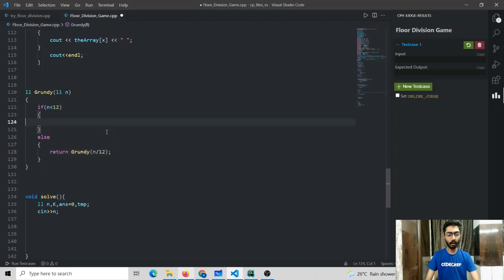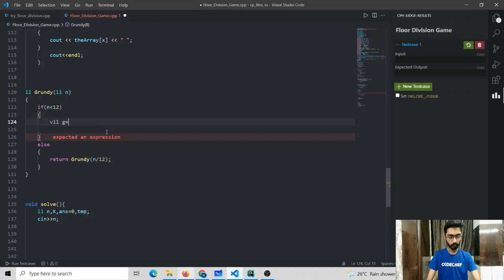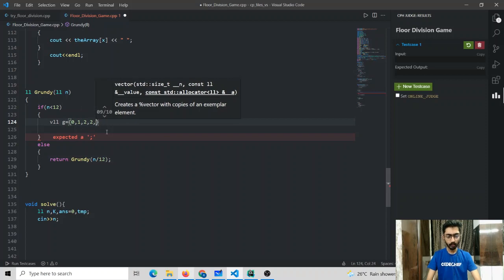Now how can we find the Grundy number for n less than or equal to 12? We can create a vector which has all the Grundy values: 0 for 0, then 1 for 1, then 2 two times, then 3 two times, then 6 times 0.